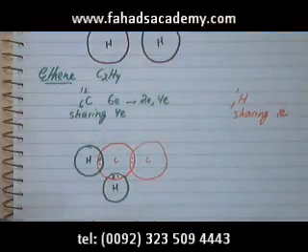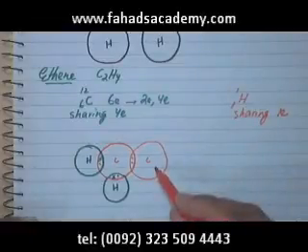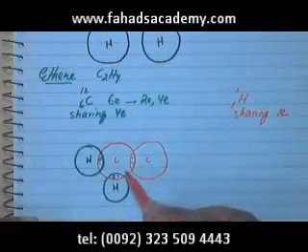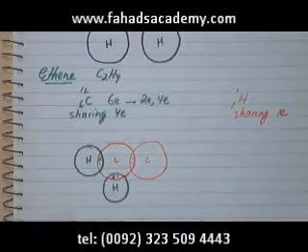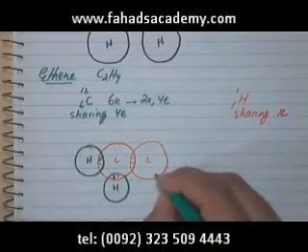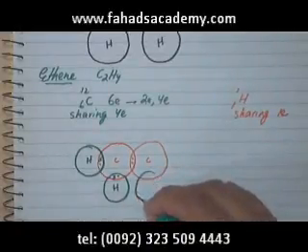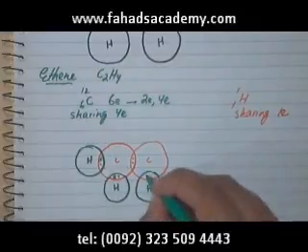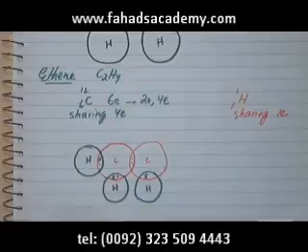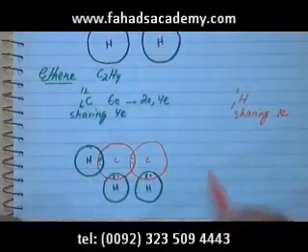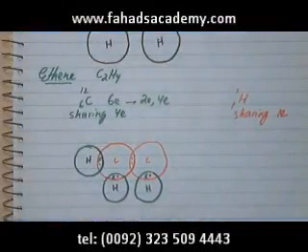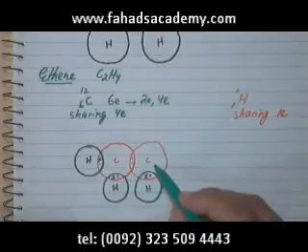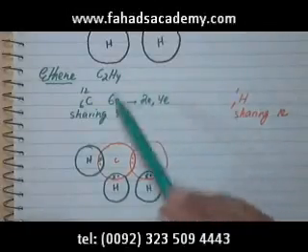I'm left with 2 hydrogens now. This carbon needs to share 4 electrons as well. It's sharing only 1 electron right now. So there's got to be another hydrogen with that, and that hydrogen would share 1 electron with that, and carbon would share another electron back with that. There's 1 hydrogen left in our formula.